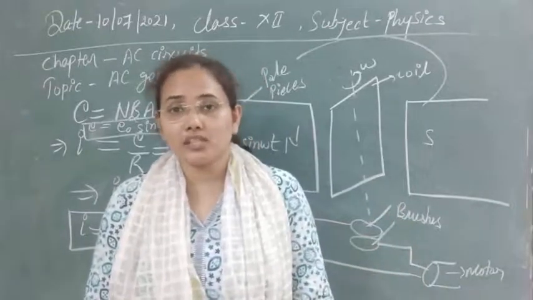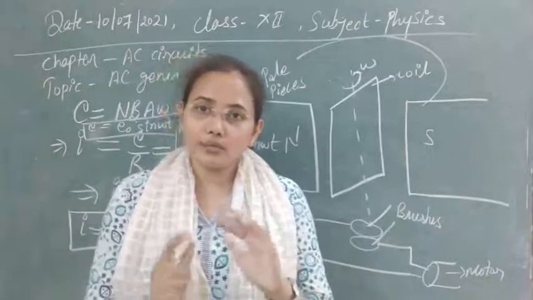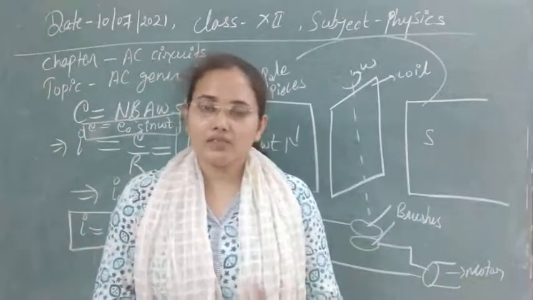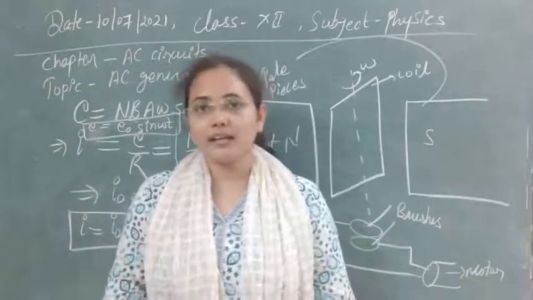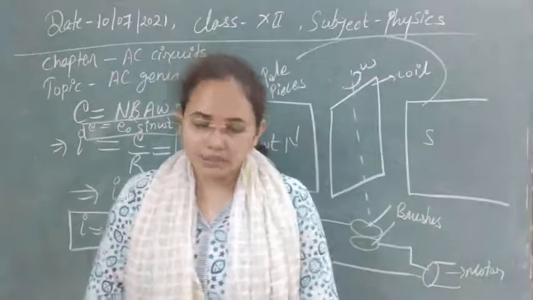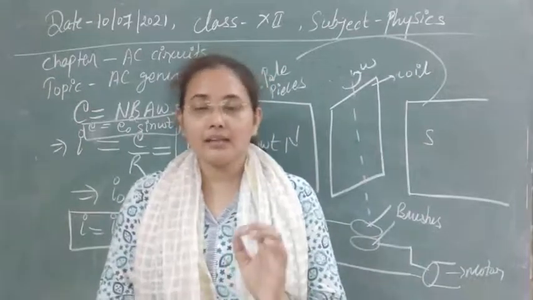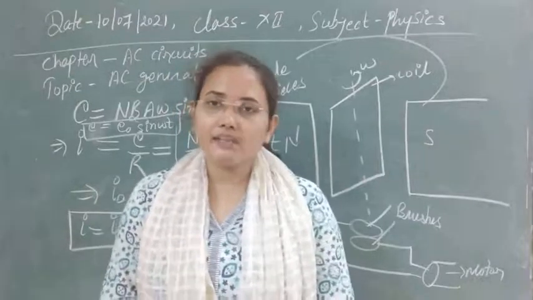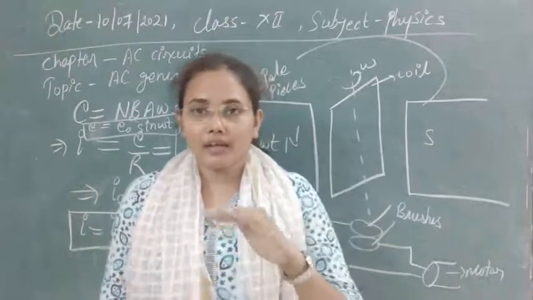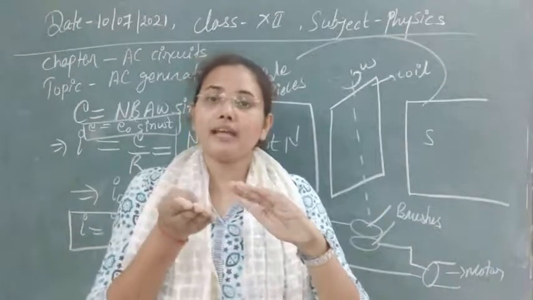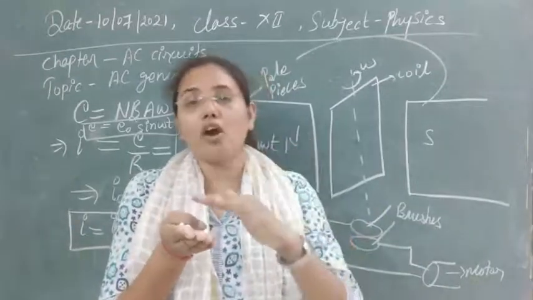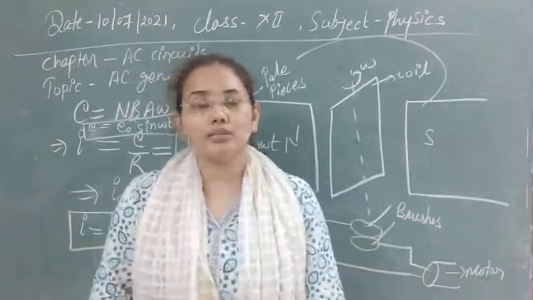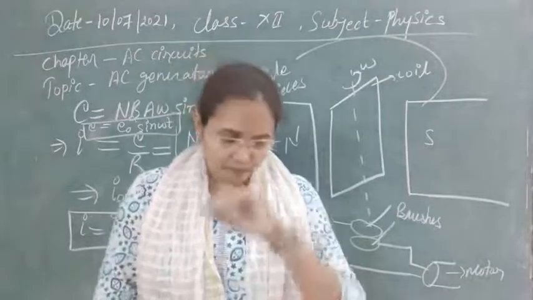Exactly, it opposes the reason due to which flux is changing, because flux will not change automatically; it changes due to some procedure. So it will apply resistance or opposition on that procedure. Like if something is falling, then it will apply a force in the upward direction so that it can resist the fall of that body, so that there is no change in the flux.